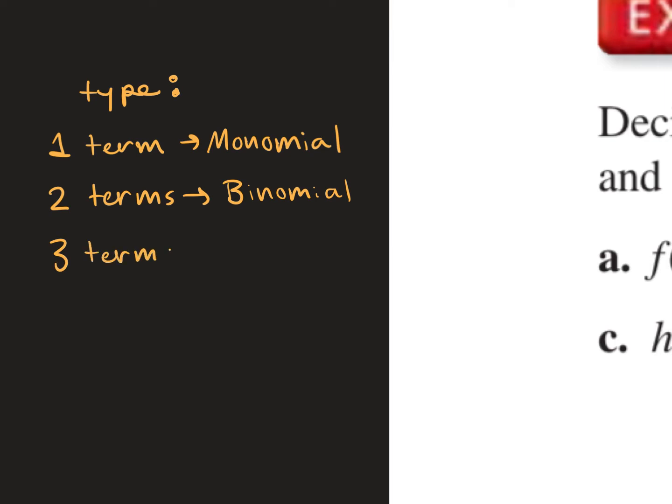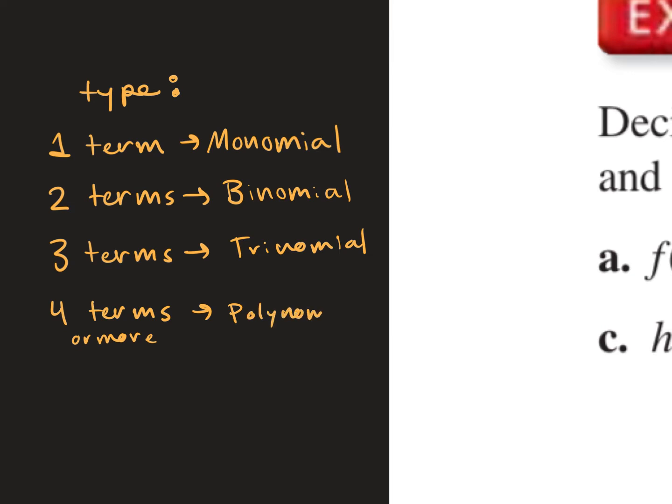What do you think three terms would be called? Trinomial. And four terms or more, we just call it a polynomial of however many terms we have. So if there were four terms, we would say a polynomial of four terms. If there were five terms, we'd say a polynomial of five terms. So the only ones with special names are 1 through 3.